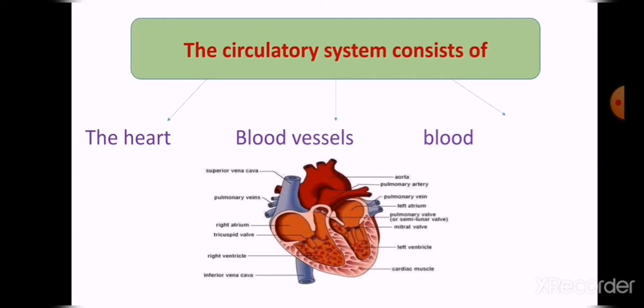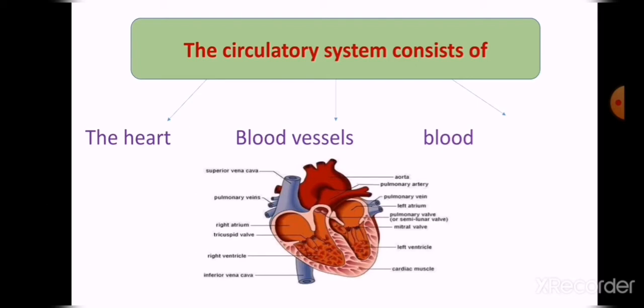Let's start with the first part in this lesson, the structure of the circulatory system. The circulatory system consists of 3 main parts: the heart, blood vessels, and blood.